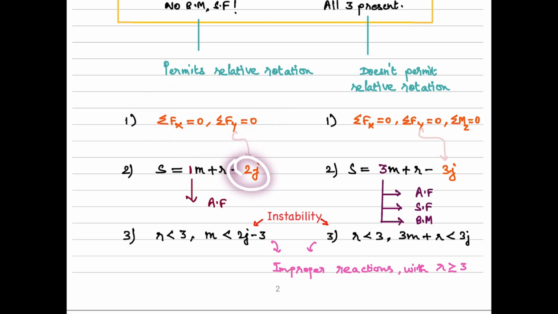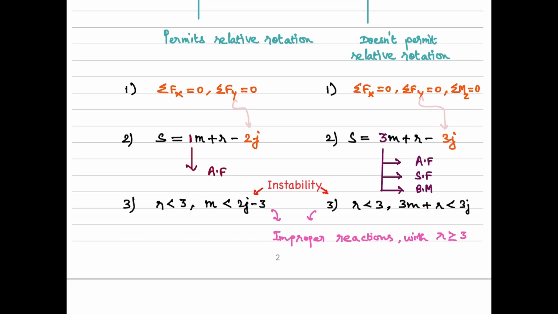If we contrast this 2 with this 3 here, this 3 is for three equations of static equilibrium being applicable at every rigid joint. That is, we have this extra sigma Mz equal to 0, so this 2 becomes 3 here. So that's all. We are going to use this formula 3m plus r minus 3j. That's the reason why I contrasted this formula with the earlier one, what we know regarding a truss.